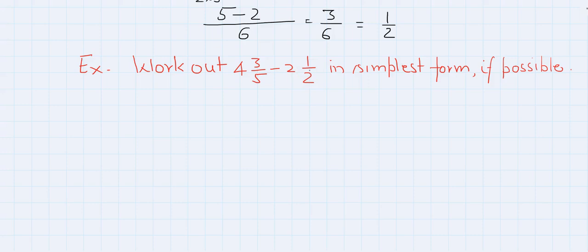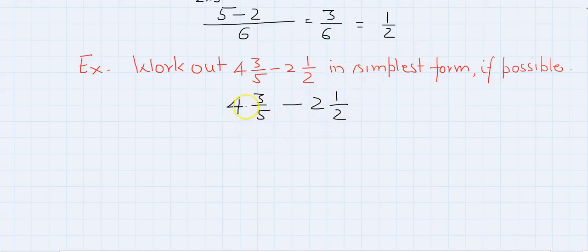Now let's take another question. Work out 4 3 over 5 minus 2 1 over 2 in the simplest form if possible. So the question is 4 3 over 5, this is a mixed fraction, minus 2 1 over 2. This is also a mixed fraction.